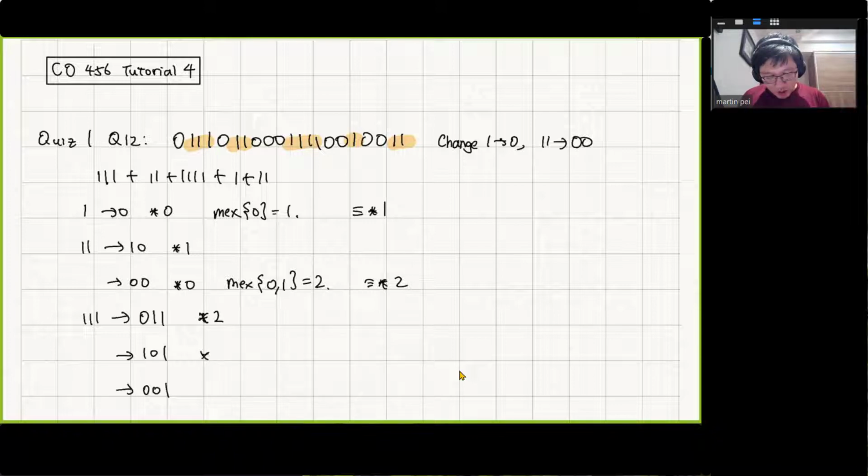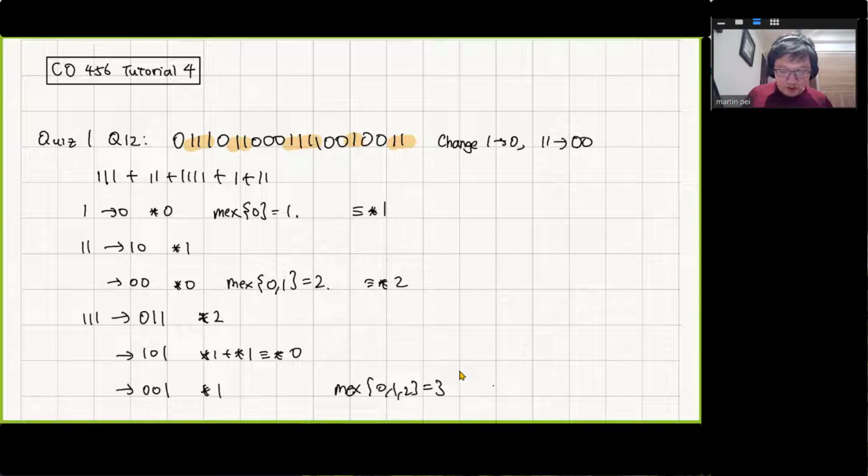The second one is star 1 plus star 1, so that is star 0. And the third one is star 1. So you have the 2, the 1, and the 0. So we have the mex of 0, 1, and 2. So that is 3. So this is equivalent to star 3.